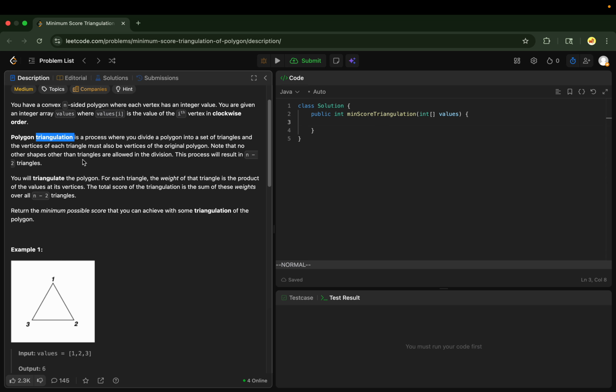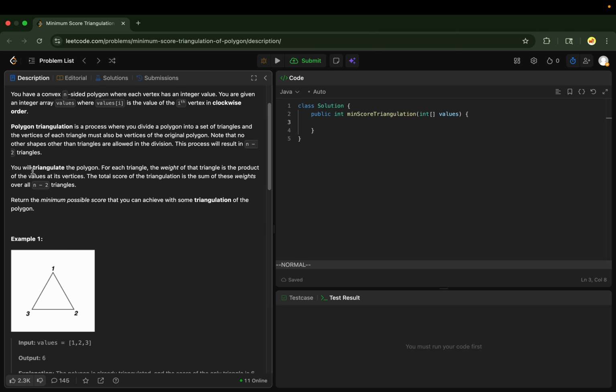Polygon triangulation is a process where you divide a polygon into a set of triangles, and the vertices of each triangle must also be vertices of the original polygon. Note that no other shapes other than triangles are allowed in the division. This process will result in n minus 2 triangles.